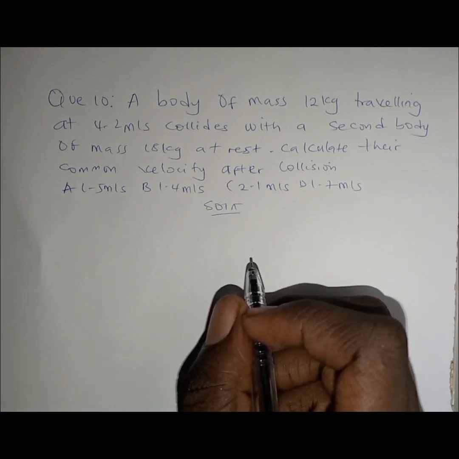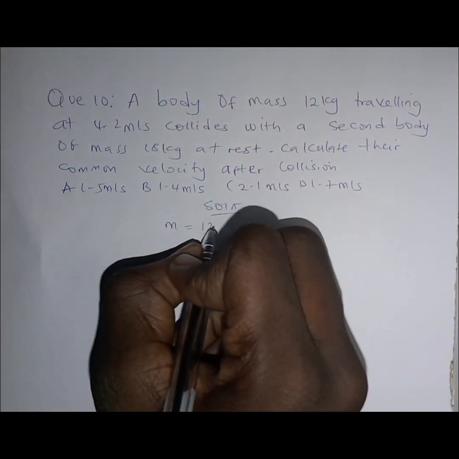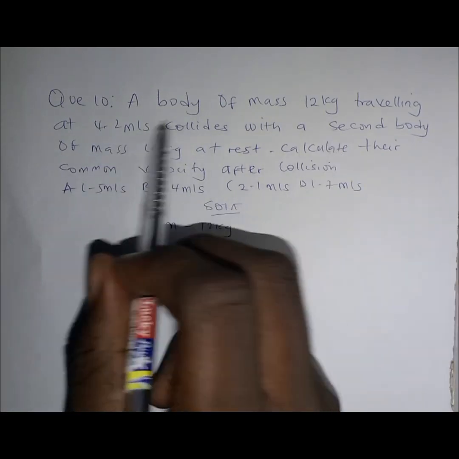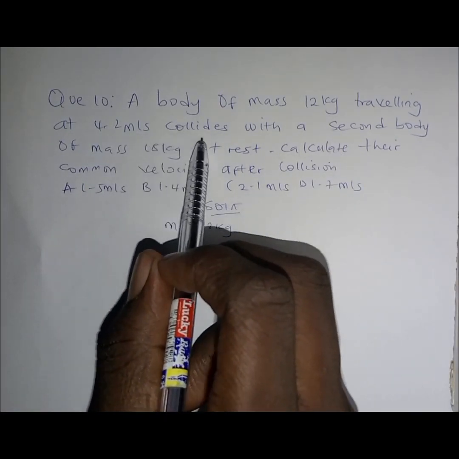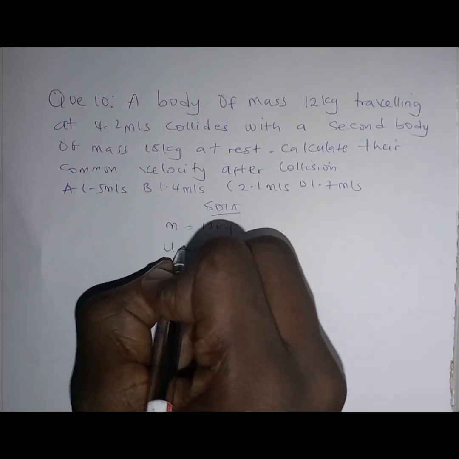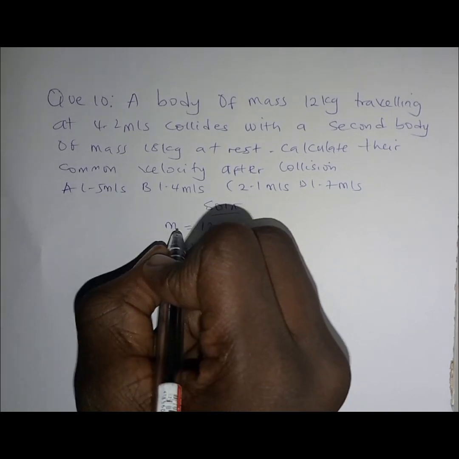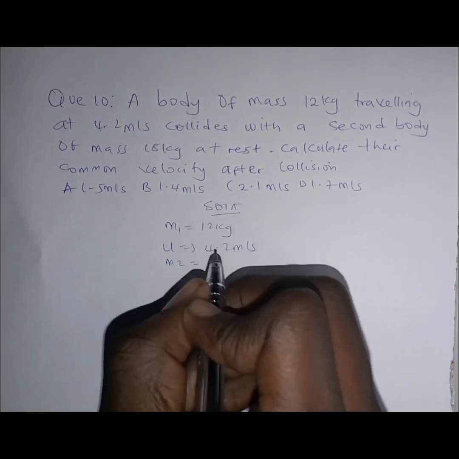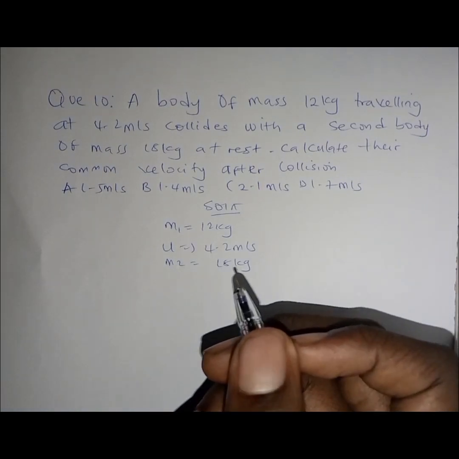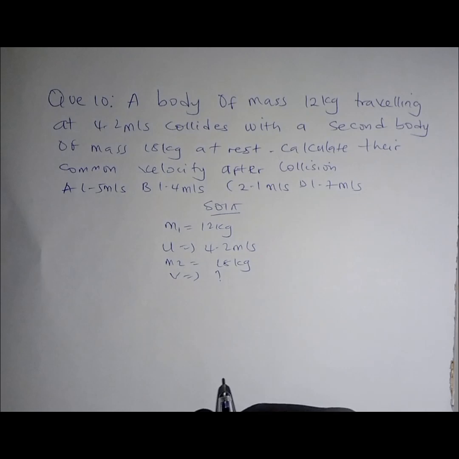A body of mass 12 kg, traveling at 4.2 meters per second, collides with a second body of mass. So m1 is 12 kg, m2, the mass is 18 kg, and the body is at rest. We're asked to calculate the common velocity, which is v.